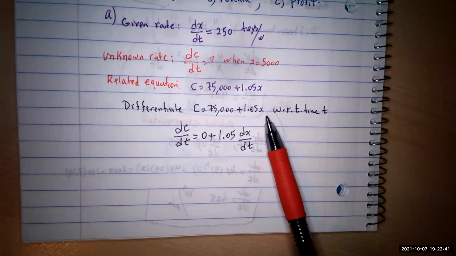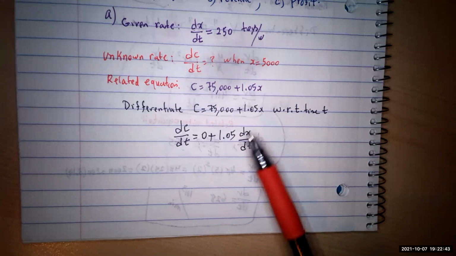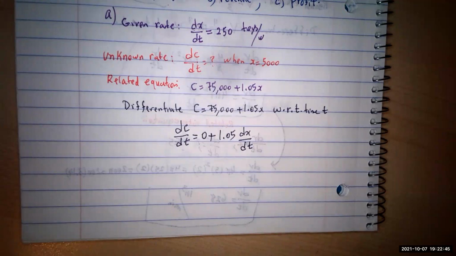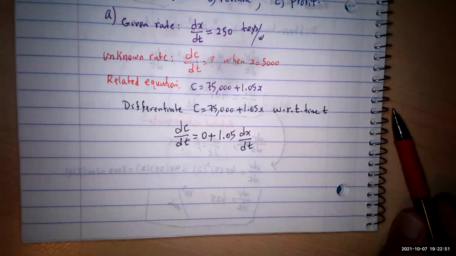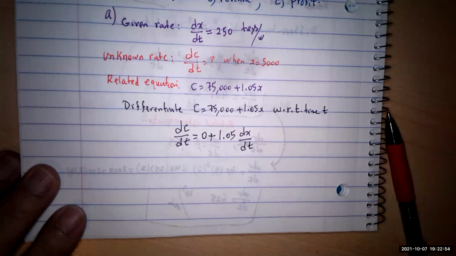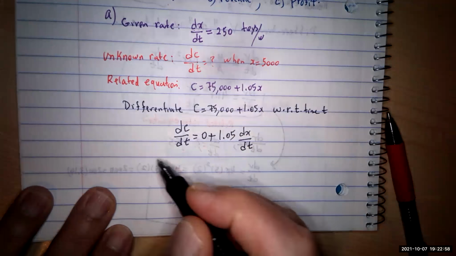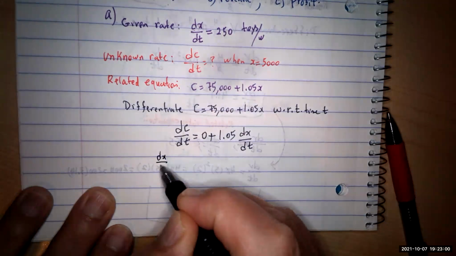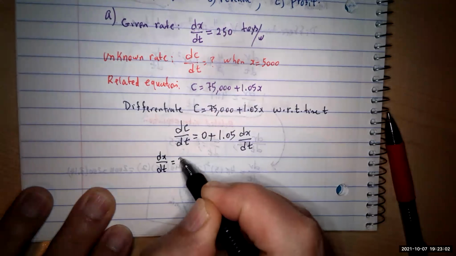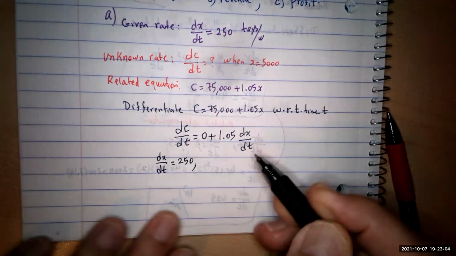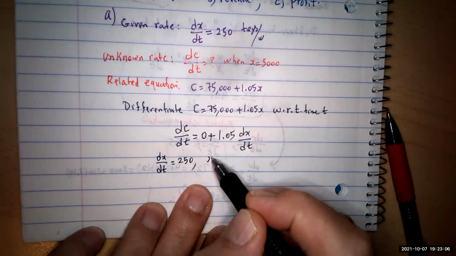But you have to multiply by the rate of the x, because there is a function t inside the x. So that gives you dx dt. Now we continue. You substitute whatever you have. In this case, we have dx dt, which is 250, and we want it at the level of 5,000.